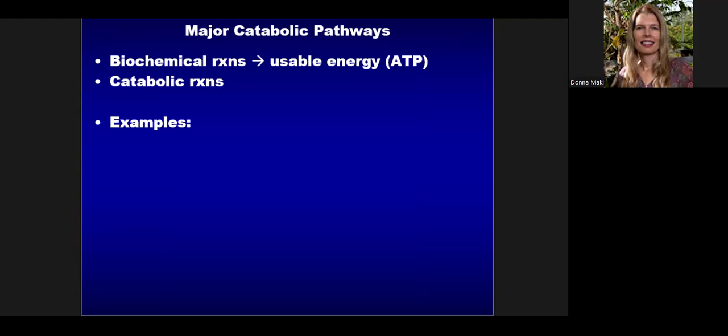So to get usable energy, ATP, you have to go through catabolic reactions. I believe some of you in here, when I looked at all of the different majors, it's quite diverse this semester in terms of the majors you represent.